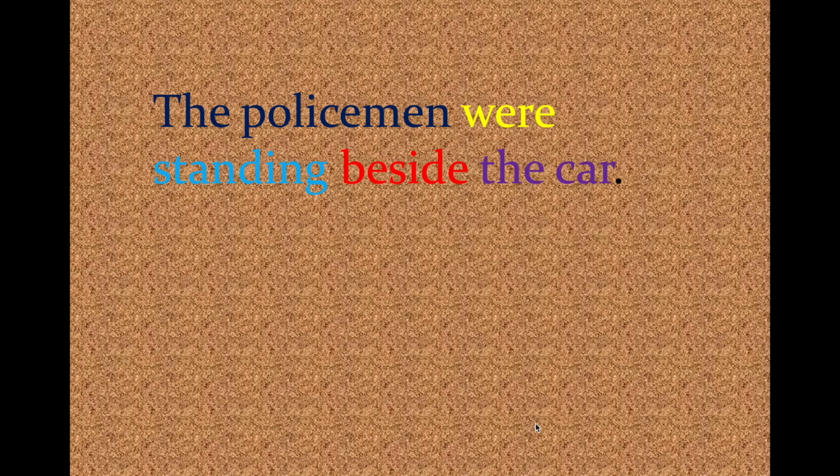Were is a verb to be, past. Standing is verb ing. Beside is a preposition. The car is an object. The policeman was standing beside the car. This is how a sentence is constructed using the verb ing. Hope you understand.